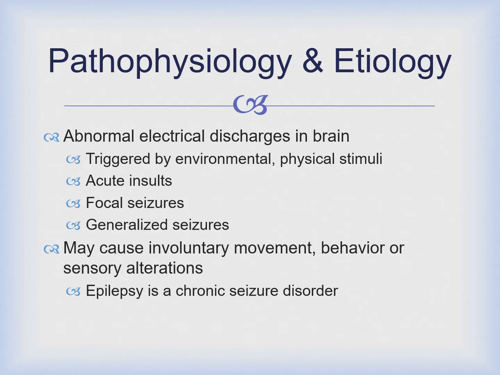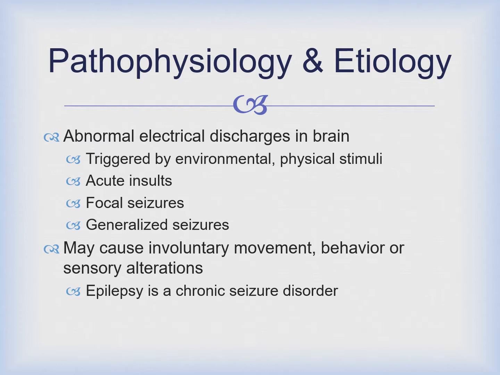So with the patho here, we're thinking about what's going on in the brain. Usually you have some sort of trigger that comes along and causes this excitability, causes this abnormal discharge in the brain. So our normal acute insults that we think about: infection, hypoxia, fever, bright lights even.